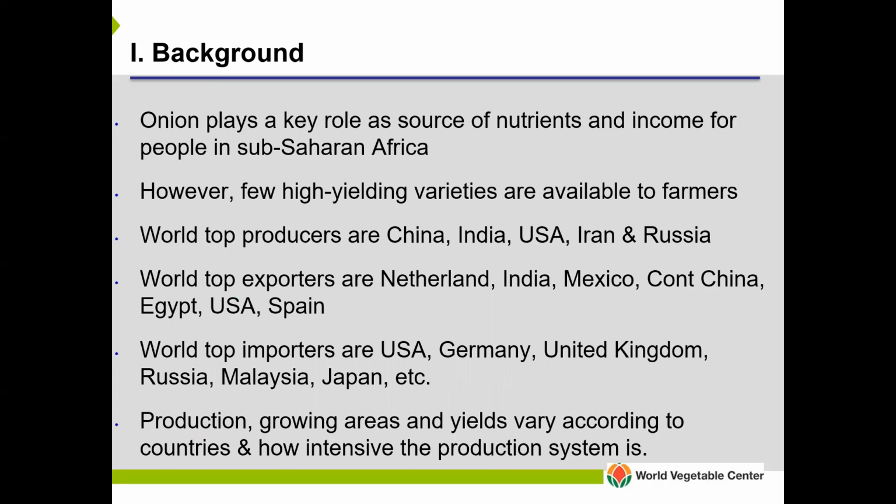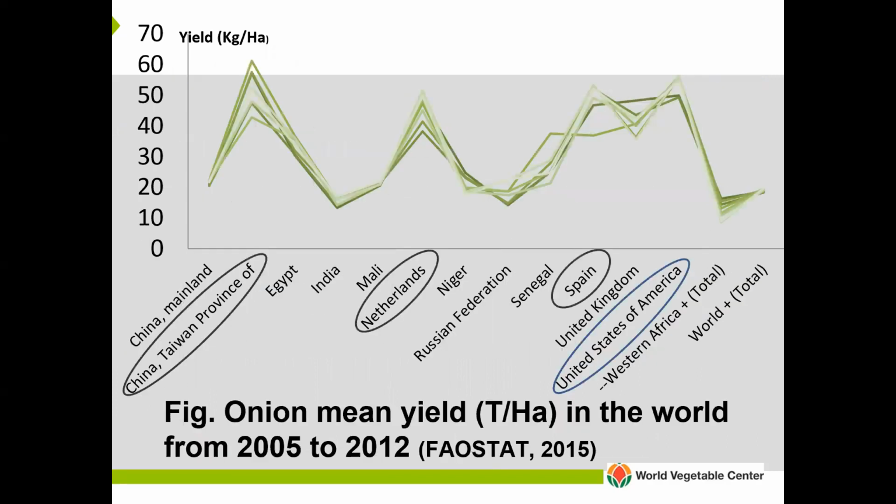Production, growing areas, and yields vary according to countries and how intensive the production is. This slide stands for onion mean yield in the world over a certain number of years.